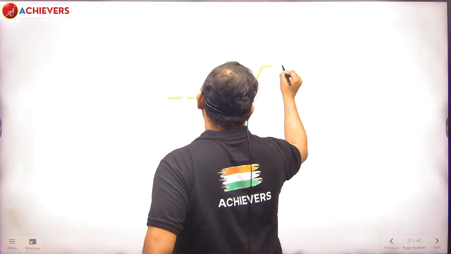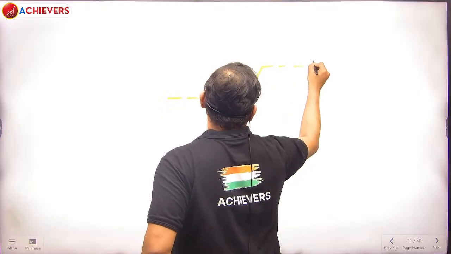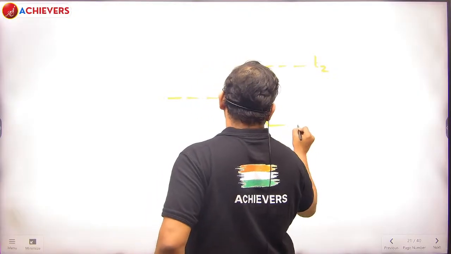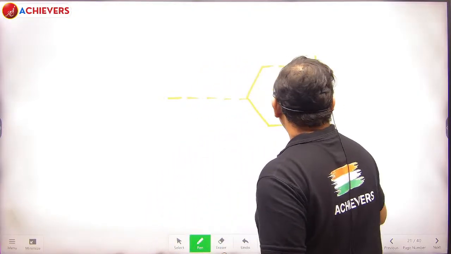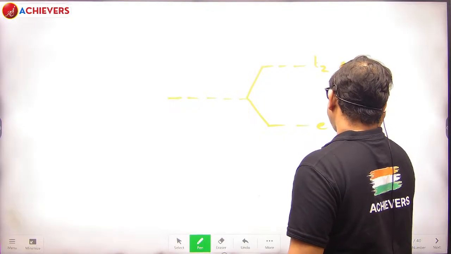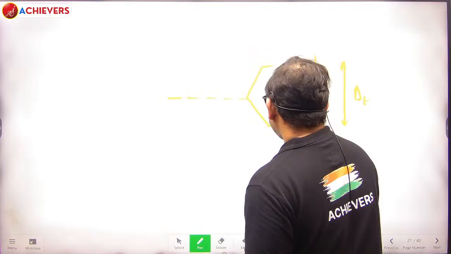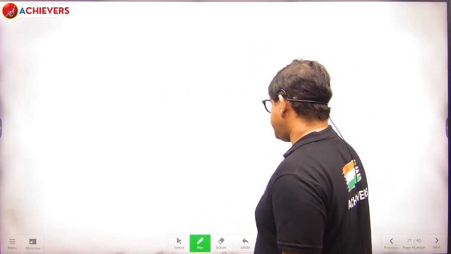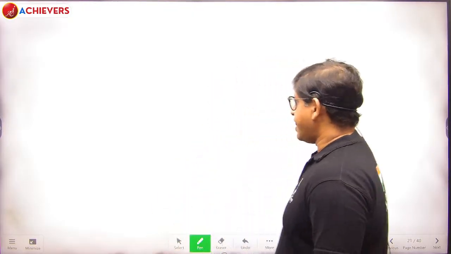We expect here a reverse type of diagram where the T2 set will be more destabilized as compared to the E set, and this is going to be the delta T, which is the splitting for the tetrahedral geometry, and this is the barycenter. So we expect this with respect to both the distance as well as the angle.